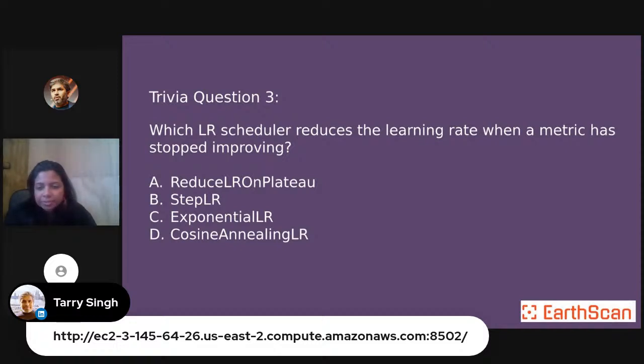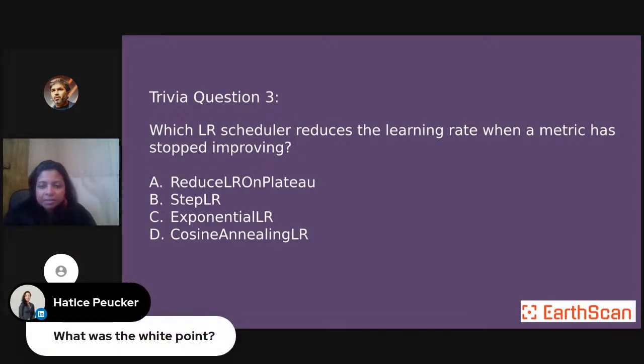Yeah, what is the white point? So yeah, it's taking a point in, how do I say? Maybe I have to go to the code. So we define an input, and then it goes into, I can show you where the code is.